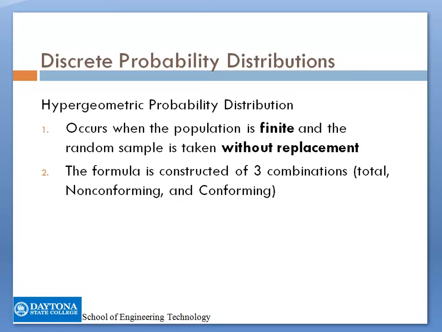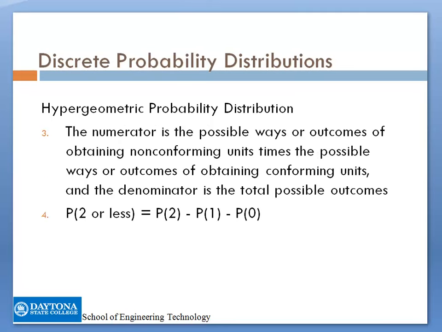This formula is constructed of 3 combinations: the total, the non-conforming, and the conforming types. The numerator is the possible ways or outcomes of obtaining non-conforming units times the possible ways or outcomes of obtaining conforming units, and the denominator is the total possible outcomes.